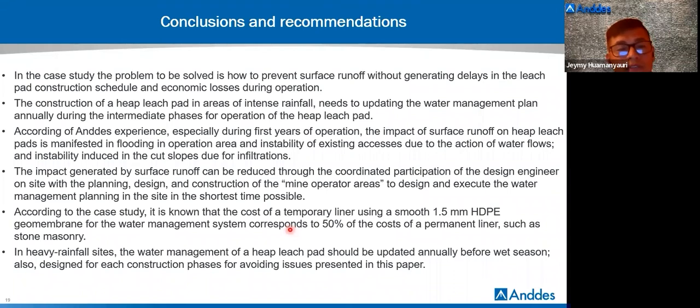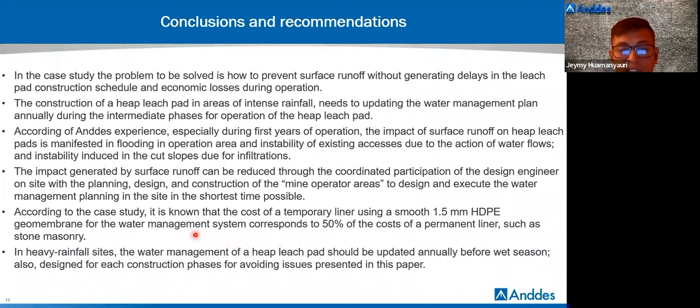According to the case studied in this paper, the cost of temporary liner using 1.5 millimeter HDPE geomembrane for the water management system corresponds to 50% of the cost of permanent lining like stone masonry.